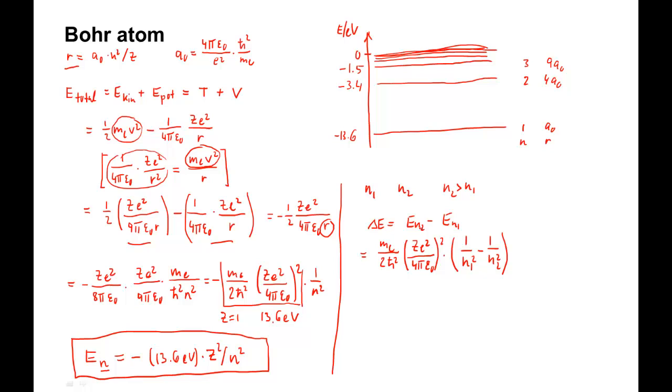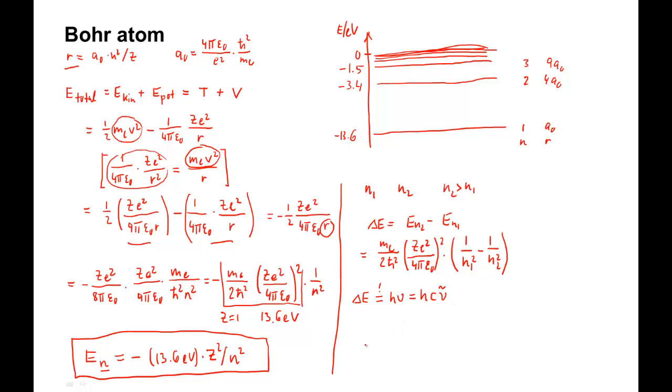Notice that the order of n2 and n1 has changed because we have absorbed the negative sign from the original energy expression into the difference expression. Now, in order for photon absorption to occur, this energy difference, delta E, has to match the photon energy, h nu, or in wave numbers, h c nu tilde.